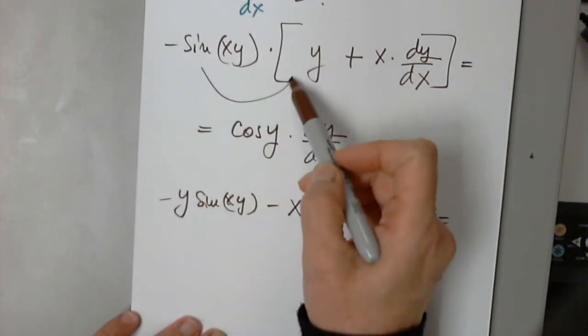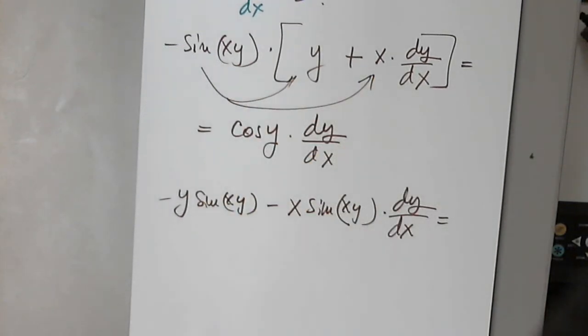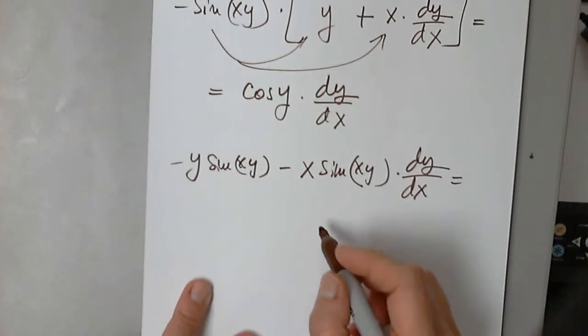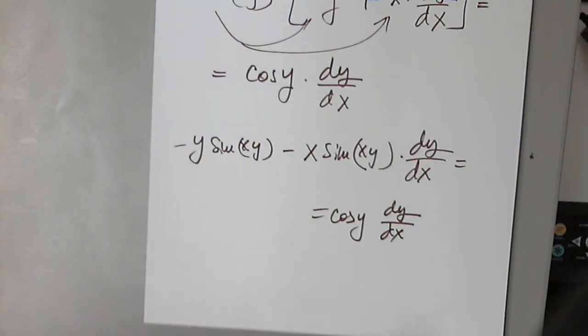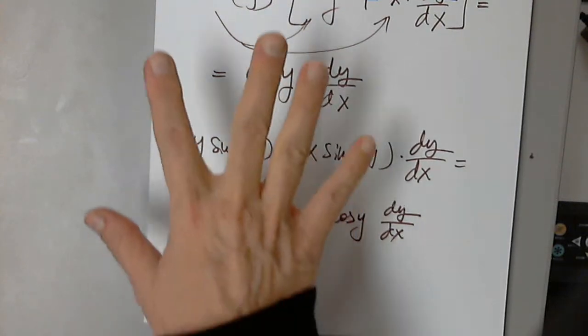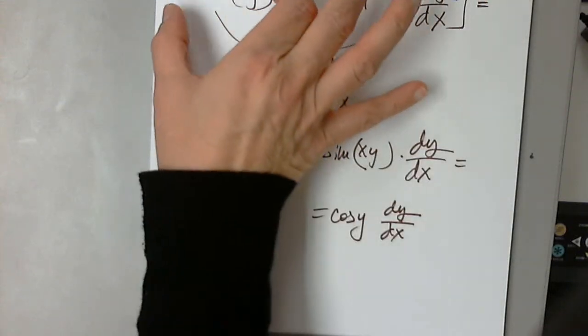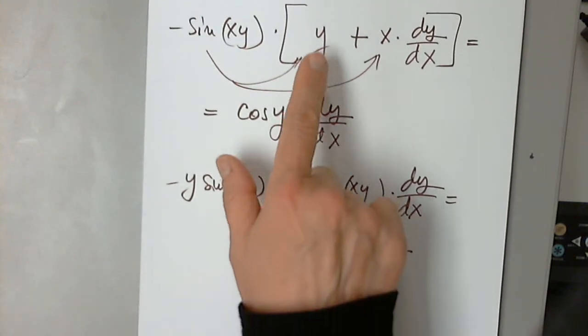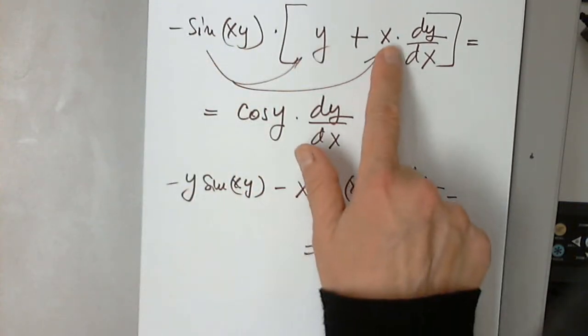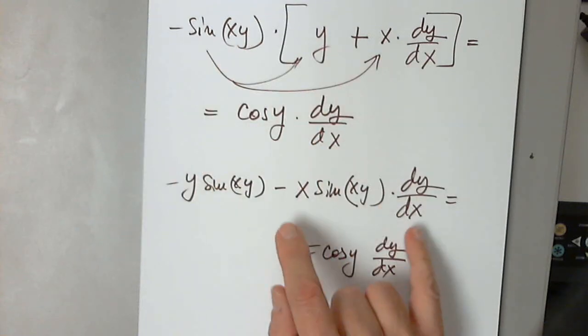I had to distribute this quantity to both terms. And the right hand side is cosine y dy over dx. Is this okay? I only distributed this factor to y and the same factor to this piece. So this times this is here, and x times this times dy is here.